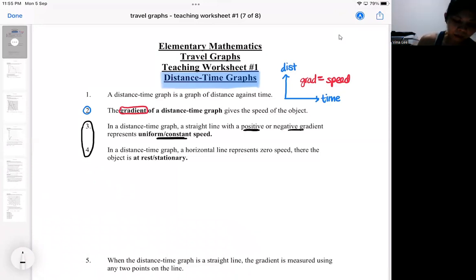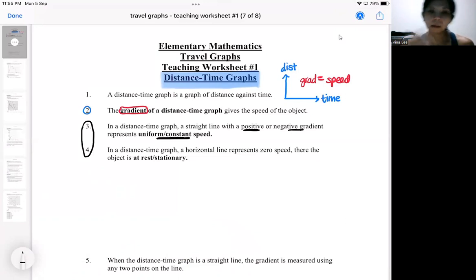Constant speed means it doesn't go faster or slower. They maintain a certain speed. For example, if you are walking to school, you maintain a proper speed. You don't make it faster or slower.